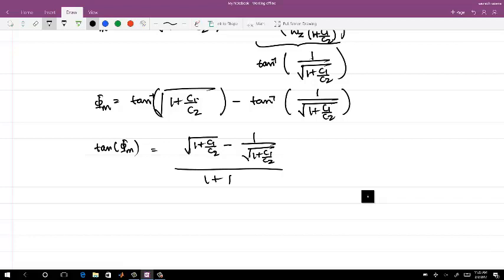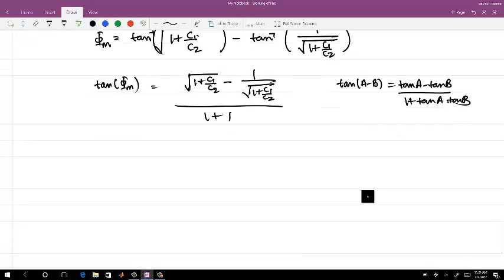So I take tangent on both sides. Since I know phi m, I know tan phi m. Applying tan on tan inverse a minus b, I think this is the formula, if I remember it right: tan of a minus b is tan a minus tan b divided by 1 plus tan a tan b. Because they are just reciprocals, that cancels, so this will be c1 by c2 divided by 2 into under root of 1 plus c1 by c2.